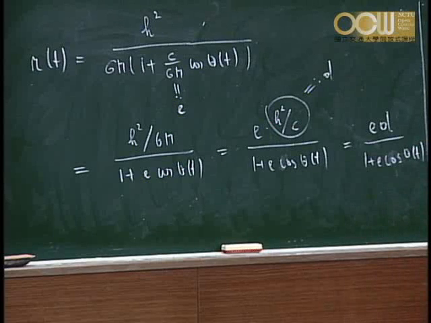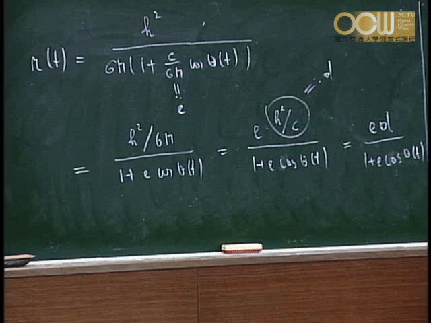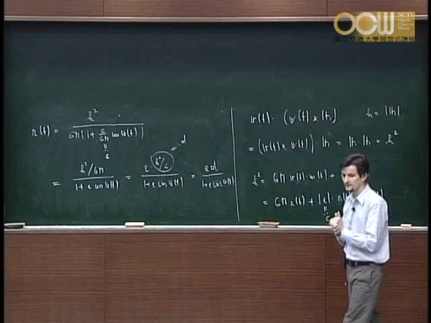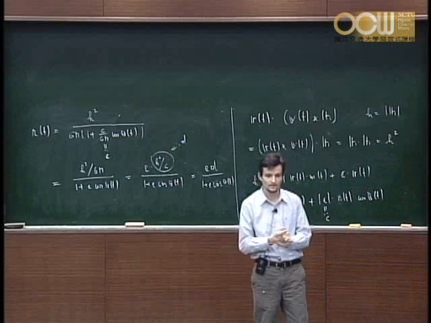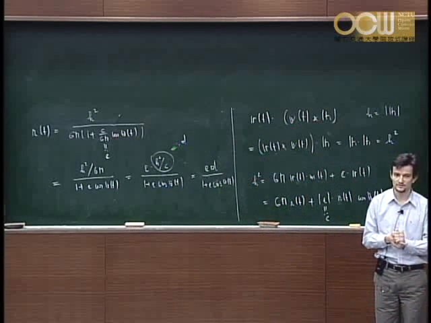And now I'm not sure whether you have learned this in high school, but a conic section is either a hyperbola or a parabola or an ellipse.